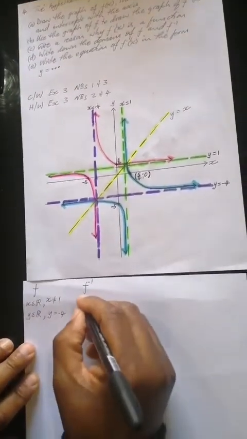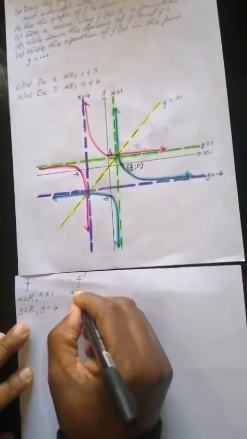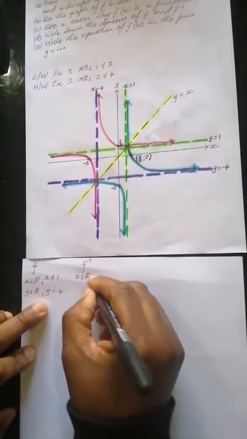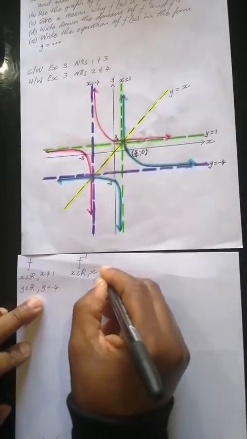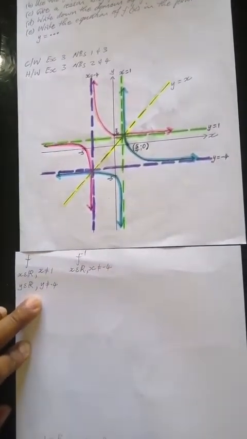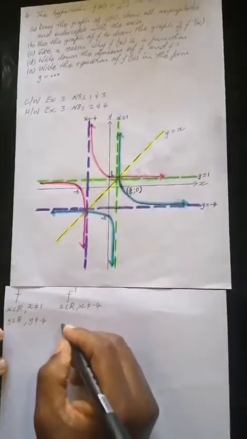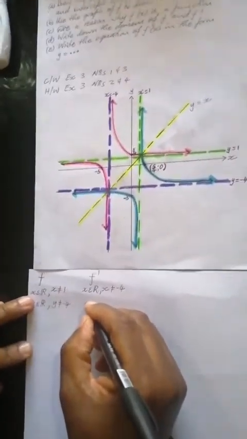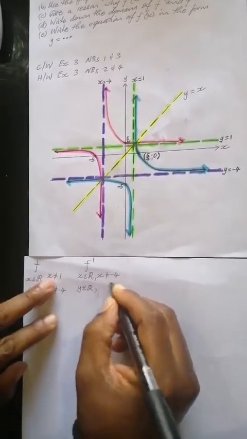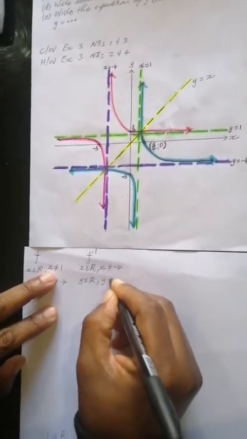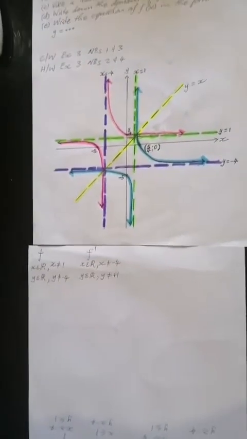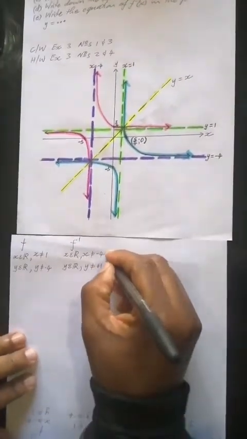So it will be x is a member of all real numbers, and our x is never equal to minus 4. Then the range will be y is a member of all real numbers, and our y is never equal to positive 1. But in this question, we were only required to get the domain.